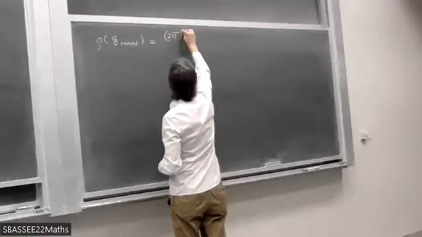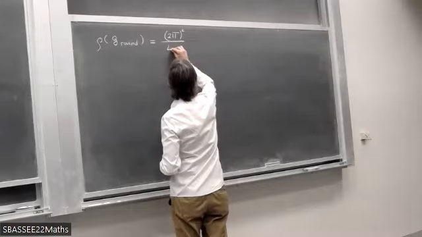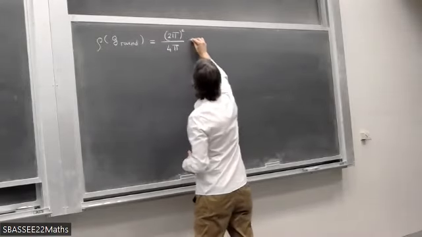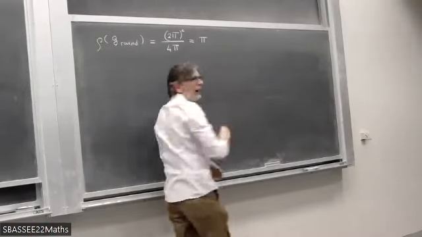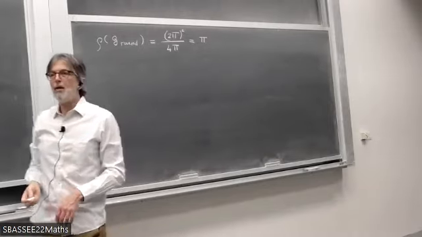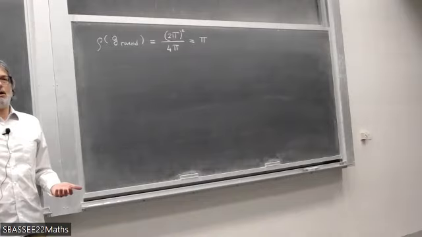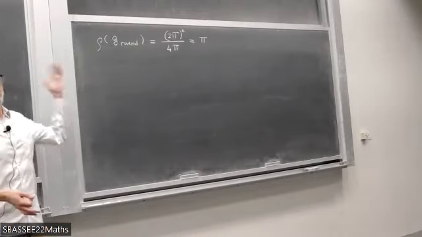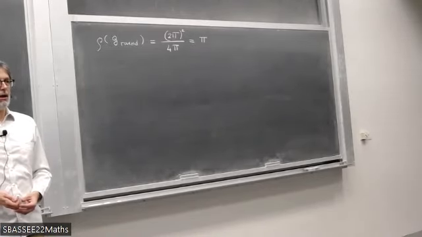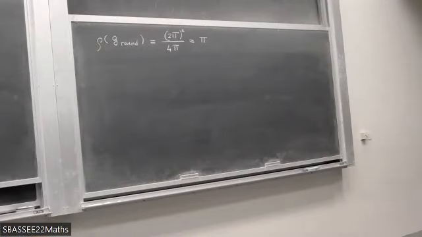I square this and divide by the area of the sphere, which is 4π. Then I get the systolic ratio π. And of course, the first thing one would suspect is that the round metric is the maximizer of the systolic ratio, right? In geometric problems, maximizers should be very symmetric things.